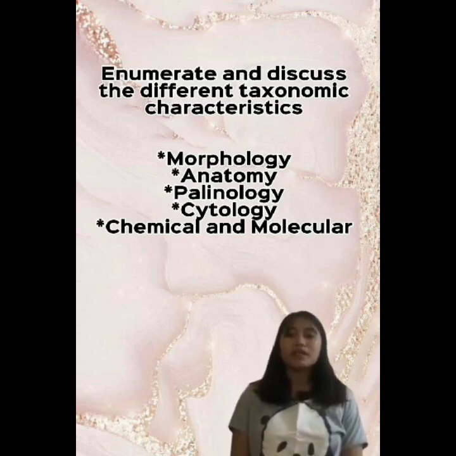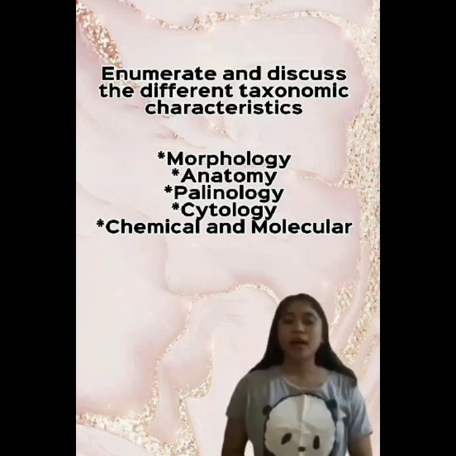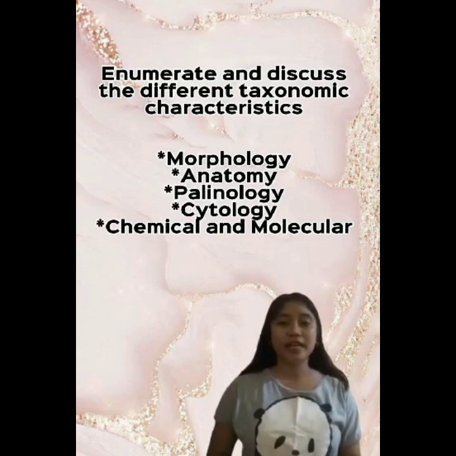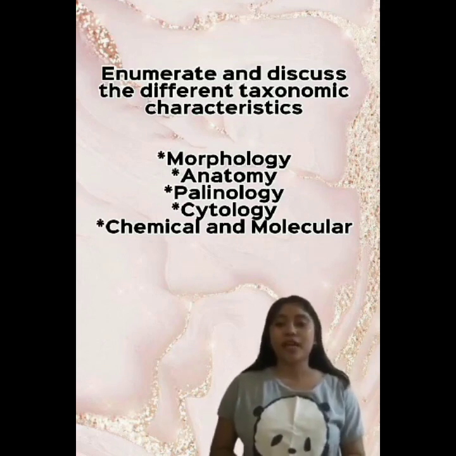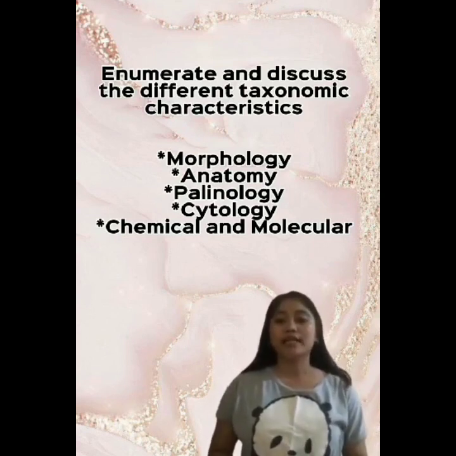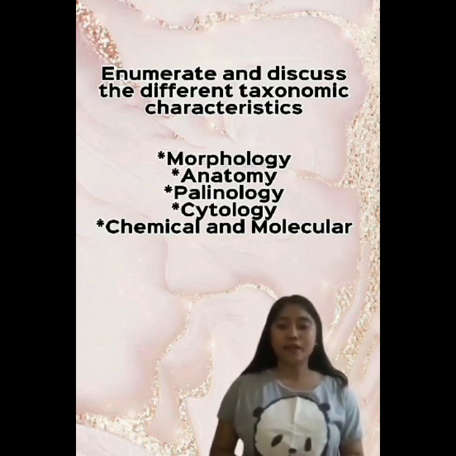Anatomy covers the secondary xylem characteristics, epidermis including trichomes and stomata. Palynology covers the pollen characteristics including size, shape, aperture, and exine sculpture. It is also known as the study of plant pollen, spores, and subminute planktonic creatures, both in their living and fossil forms.